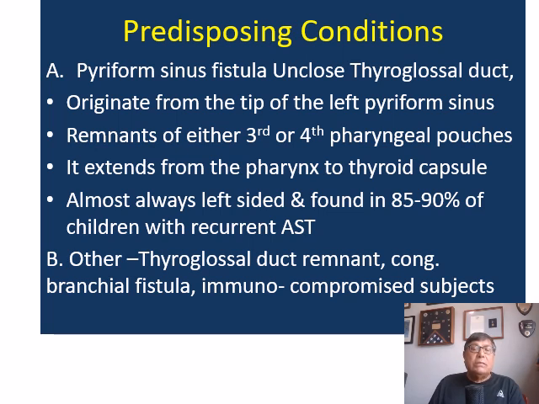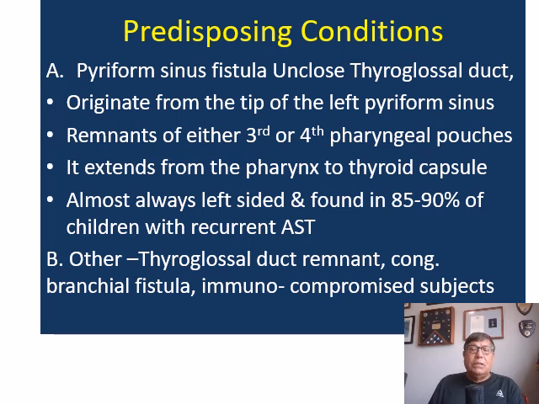Although the pyriform sinus as well as the thyroglossal duct remnant can be present on both sides, most of the inflammation or abscess has been seen on the left side.